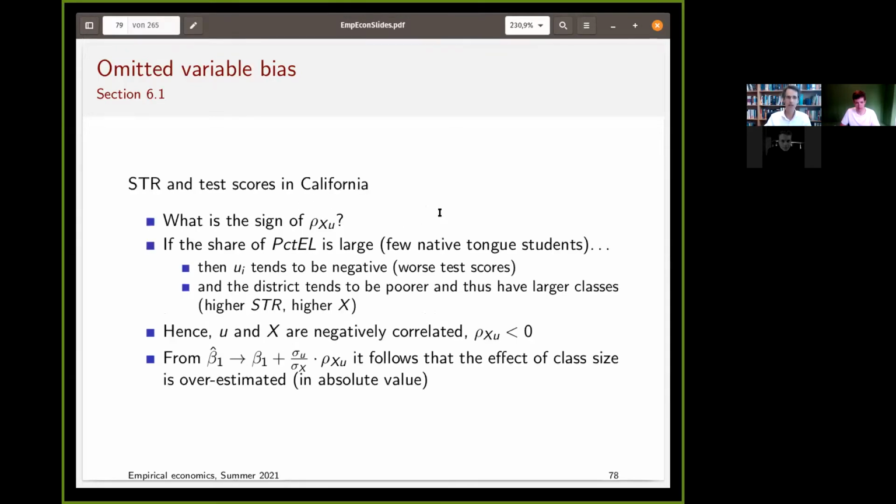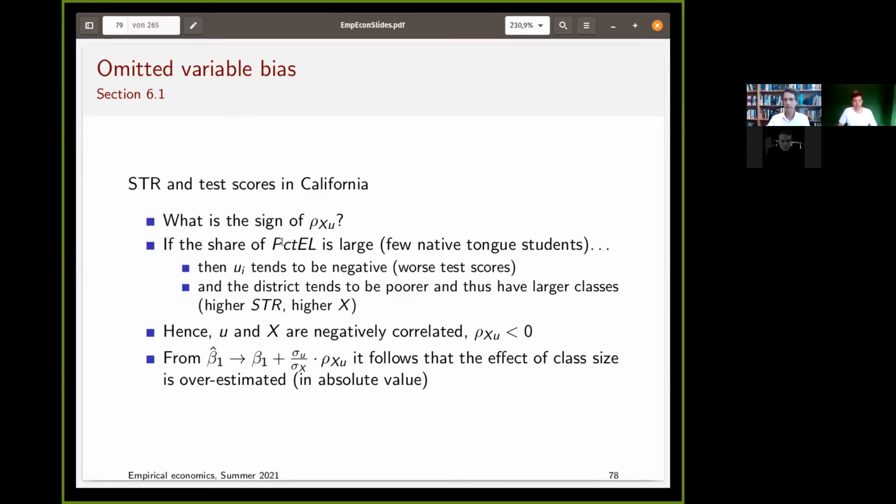So the question is, what is the sign in our particular running example, say in the California test score data set? And to think about that, we start by looking at some district where the variable PCTEL, the percentage of English learners, is large. So think about a district where we have relatively few native tongue students. English is a foreign language for many students in that district.